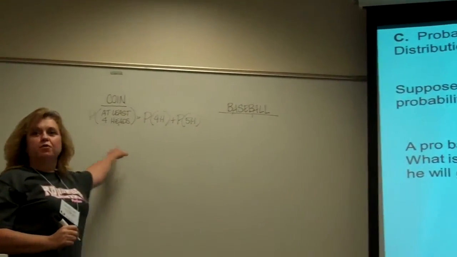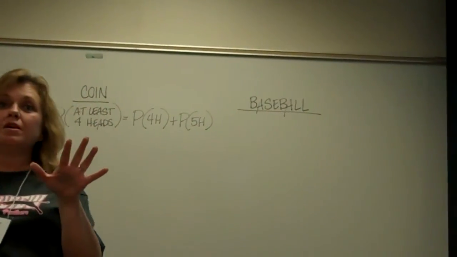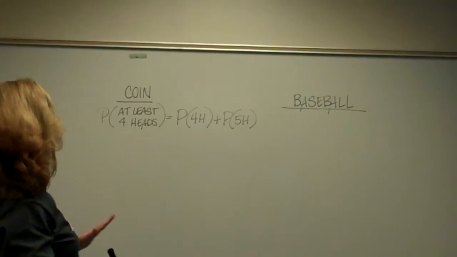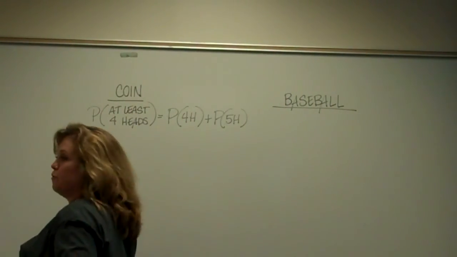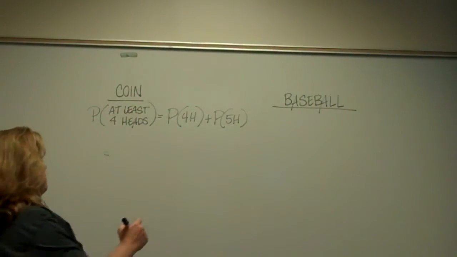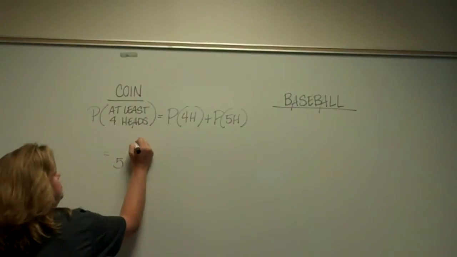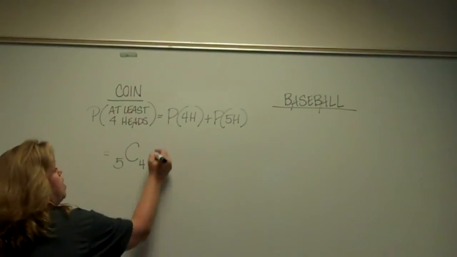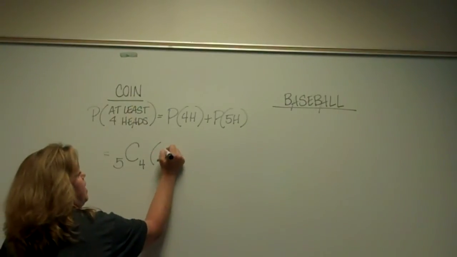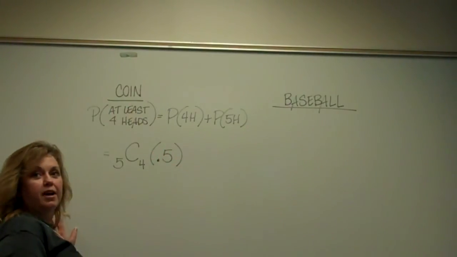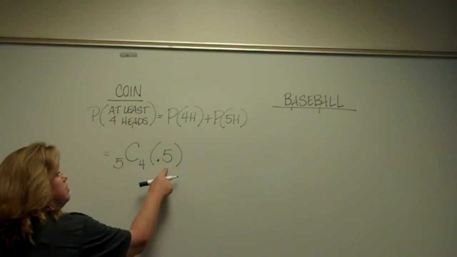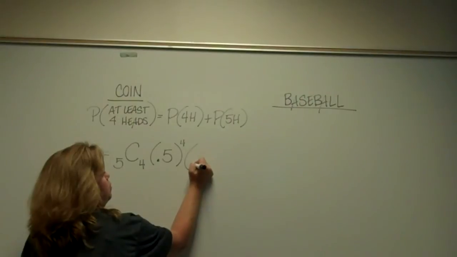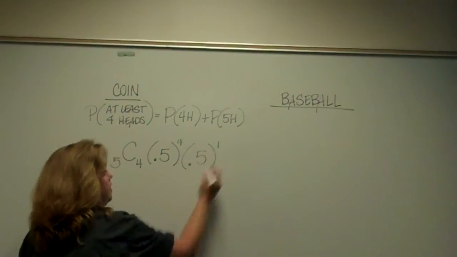When it says at least 4 heads, if we're flipping it 5 times, that means we want 4 or 5 heads, right? So we're going to do these separately. Let's do the probability of 4 heads first. It's going to be 5C4. The probability of flipping a head is 0.5, right? How many of those do we want? 4 of them. That means we want 1 tails, right?